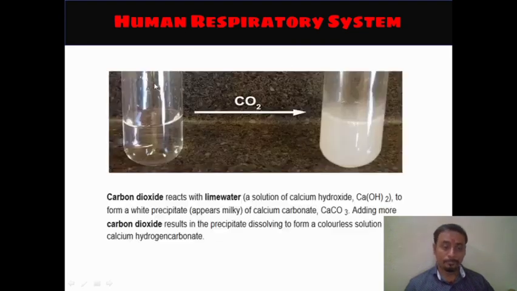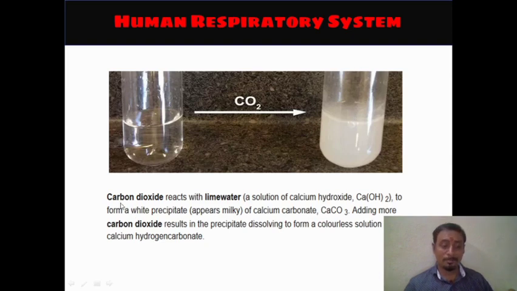Let's see. Here a tube with freshly prepared lime water is shown. The first tube shown here contains freshly prepared lime water, which is nothing but calcium hydroxide solution. When calcium hydroxide solution comes in contact with carbon dioxide, CO2, it turns milky, forming calcium carbonate and water.